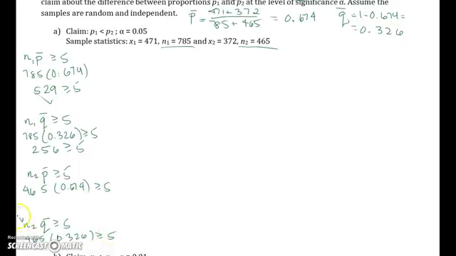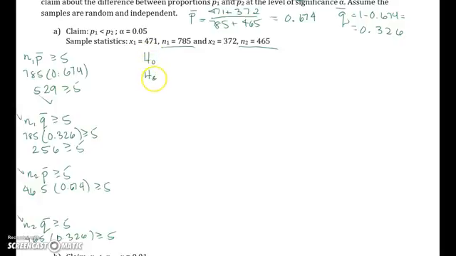So all of the things that it needed to satisfy, it does satisfy, so that means that we can proceed with a normal sampling. Now I want to test the claim. The claim is that P1 is less than P2. Let's talk about that in terms of my hypothesis.